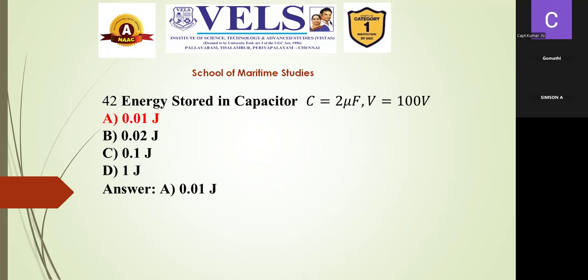Next question: energy stored in a capacitor, C = 2 microfarad, voltage V = 100 volt. The formula of energy stored is E = 1/2 CV². So E = 1/2 × 2 × 10^-6 × 100 × 100. Converting microfarad to farad and simplifying, we get 0.01 joule.